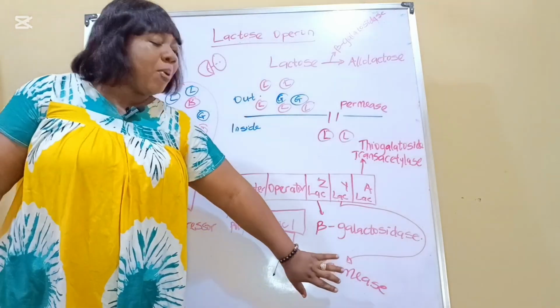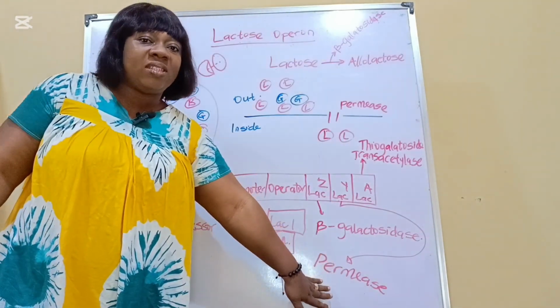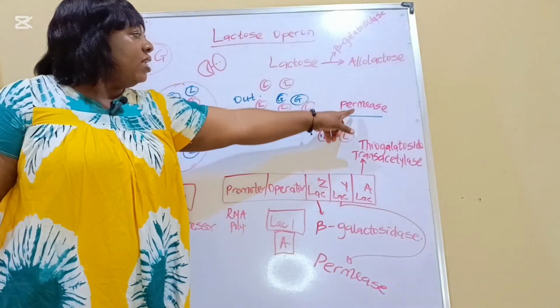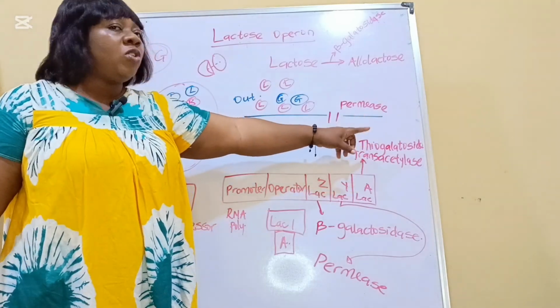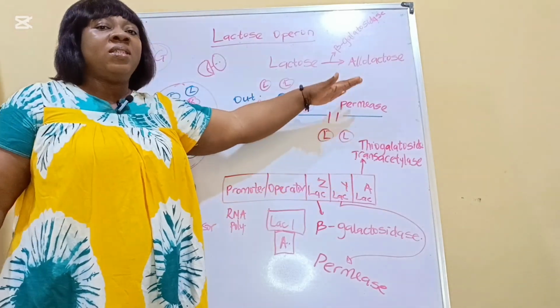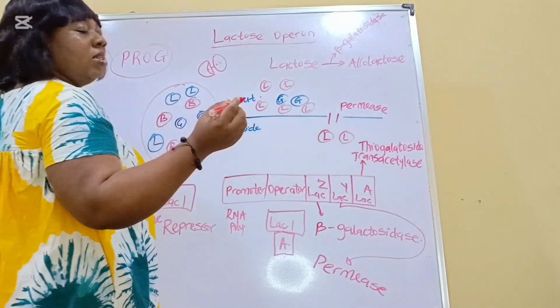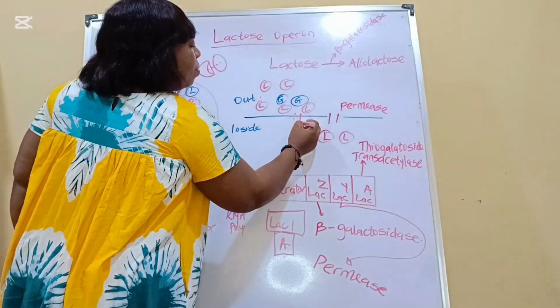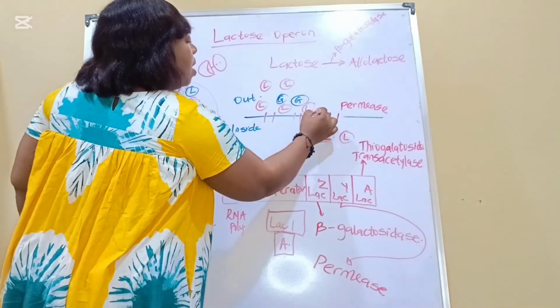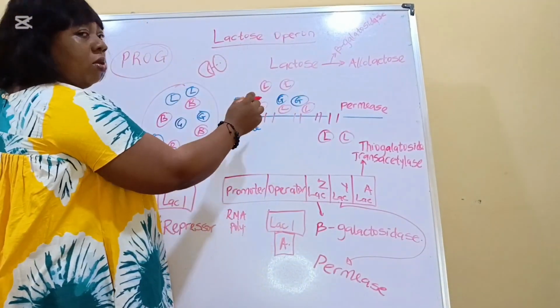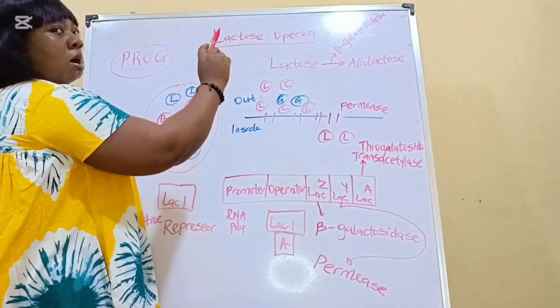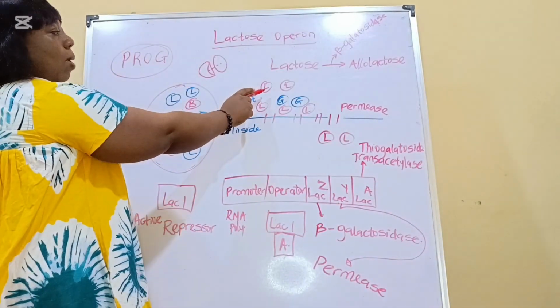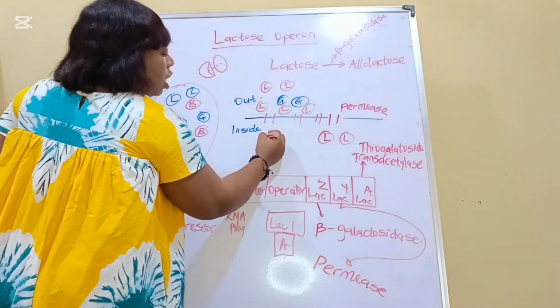As soon as permease is expressed here, we have this our permease, that means we will have more permease available. So now on the cell we have permease, permease. As we're having those permease, our lactose will now be entering into the cell.